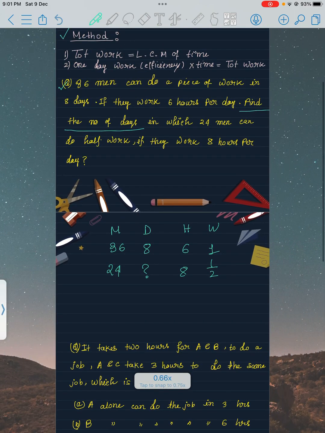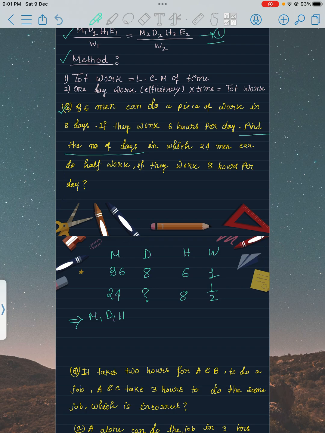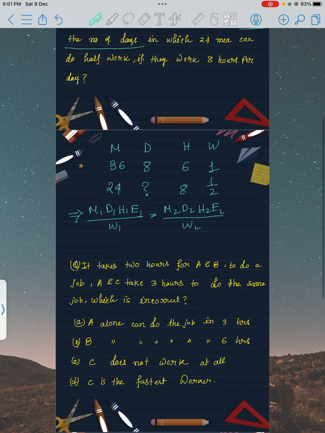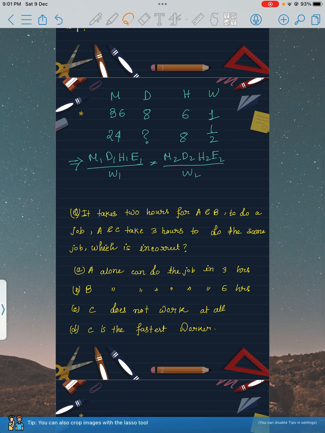So use the formula m1 d1 h1 e1 w1 equals m2 d2 h2 e2 w2. Here efficiency is not needed, so we will not include this.